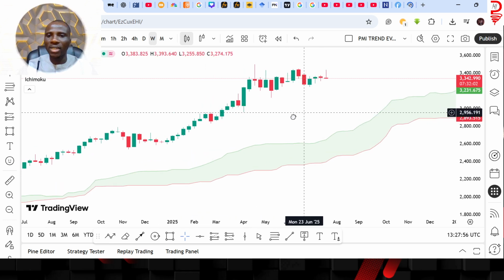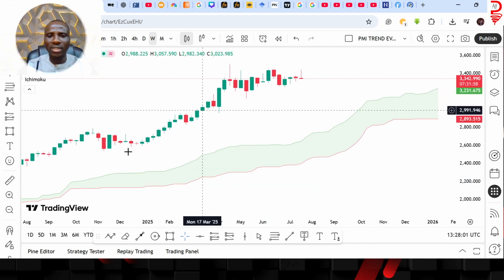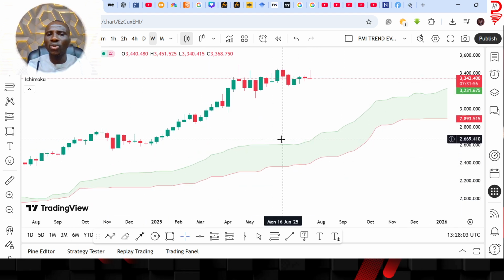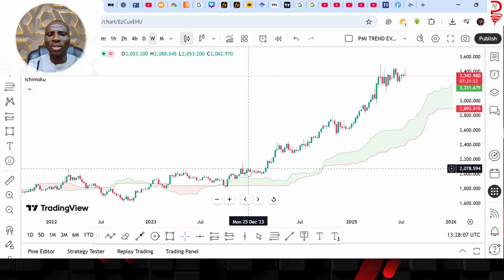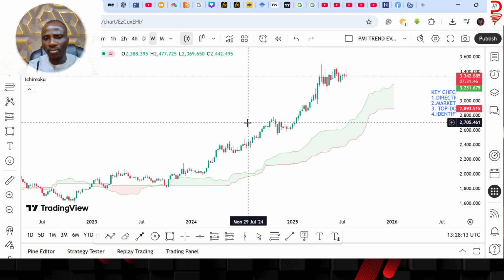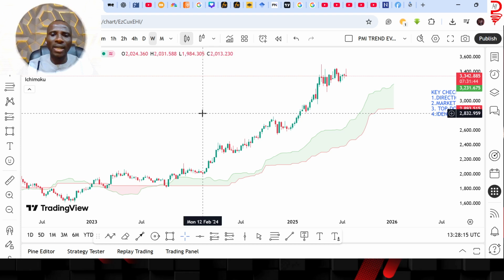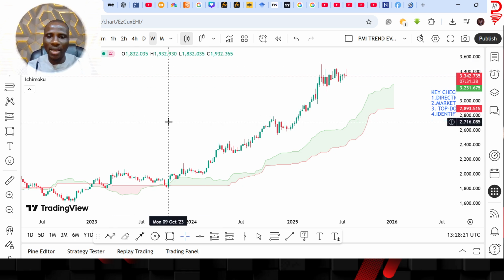I'm going to send the settings to you. But having said all of this, look at this tool now. It's showing us that since December 2023 or thereabout, gold has been on an upward directional bias, which means a bullish directional bias.